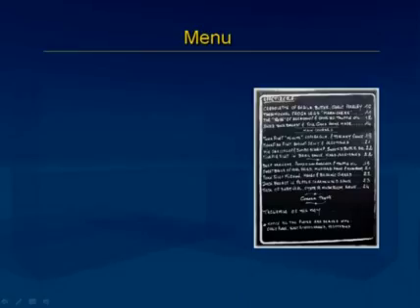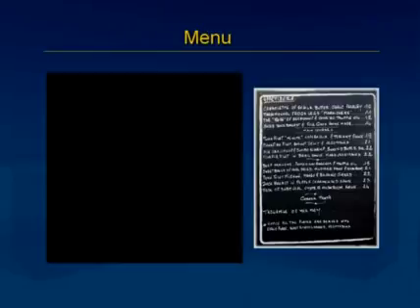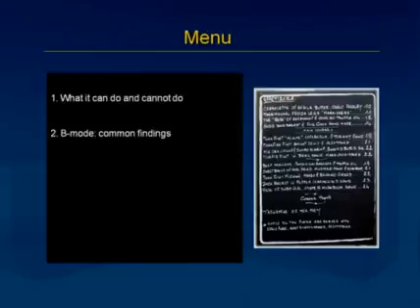Now, the menu of today's talk, as it were, is given in this slide. We will first discuss what transplant ultrasound can do and what its role is in clinic, and more importantly, we'll also discuss what transplant ultrasound cannot do. We'll then move on to common findings in B-mode ultrasound, and then progress to the more advanced Duplex and Doppler ultrasound of the renal transplant.